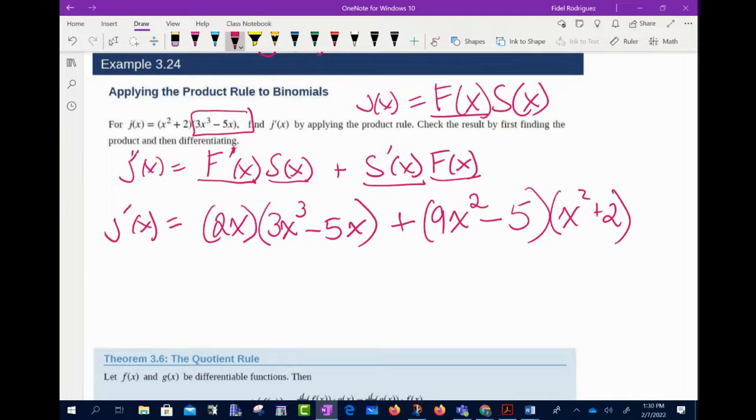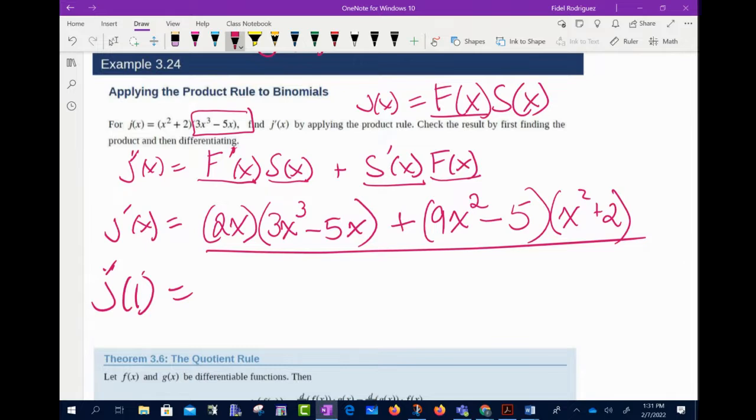But do I need to go through all that distributing? No, I don't. Because if I wanted to find, say, j prime at 1, we could just plug in a 1 right here, right? We don't need to distribute everything and then plug in our 1. And to me, it would probably be easier to plug in a 1 from right here. Now, what would j prime at 1 give me? Anybody know? Remember, we found the derivative, right? The derivative tells me the what?